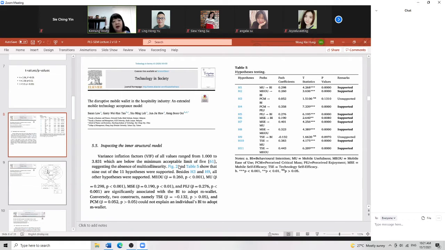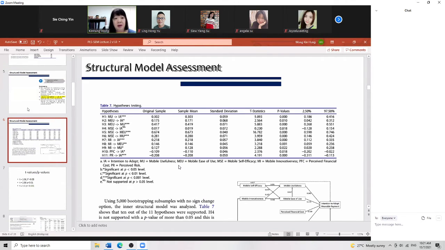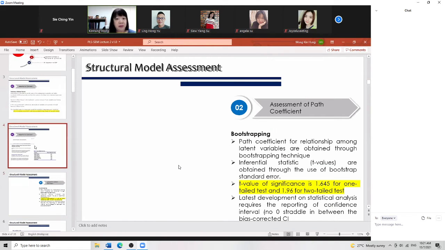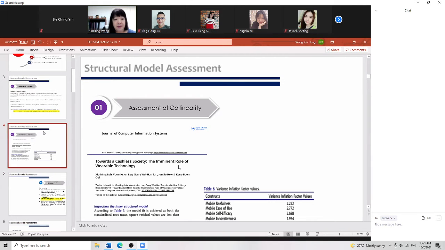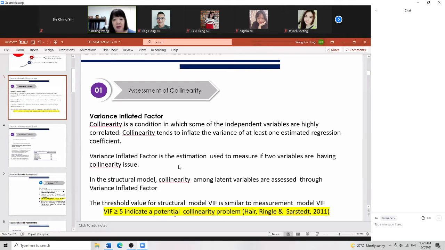All right? Any questions so far? All right, so you should know this one. VIF greater than 5, okay?